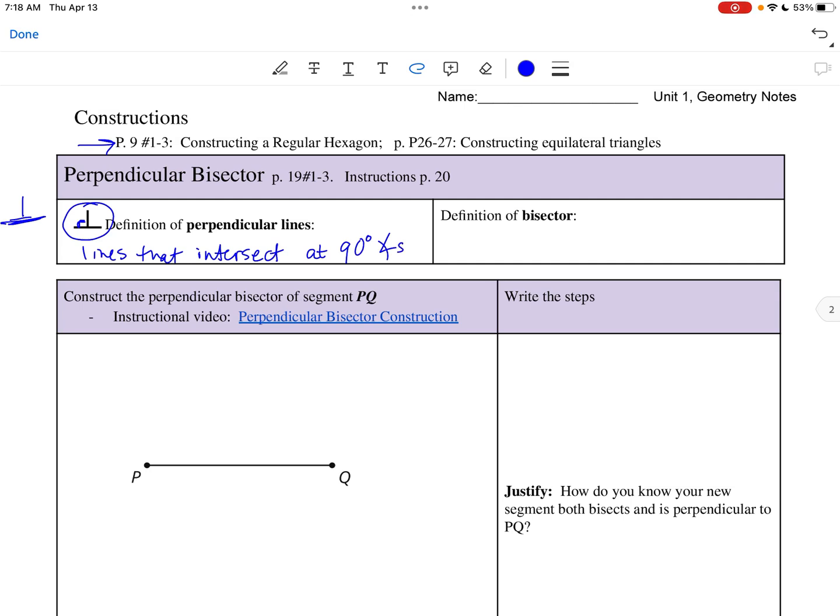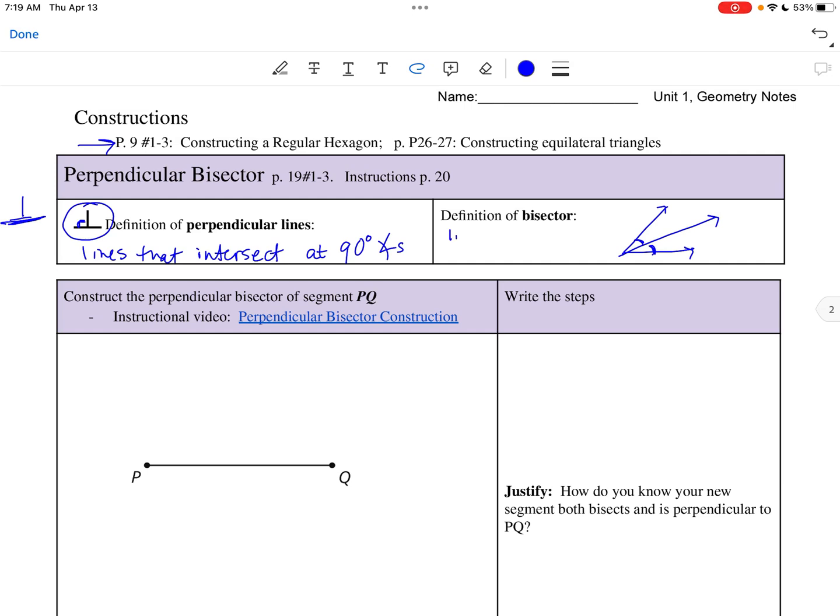And the definition of a bisector is if we draw an angle, here's an angle here, it's the line that divides the angle in half. So if we draw a line in the middle and it makes two congruent angles here that are adjacent to each other, then we call that middle line a bisector.